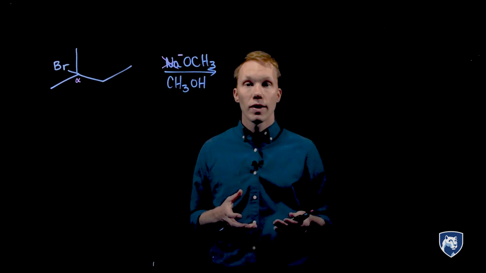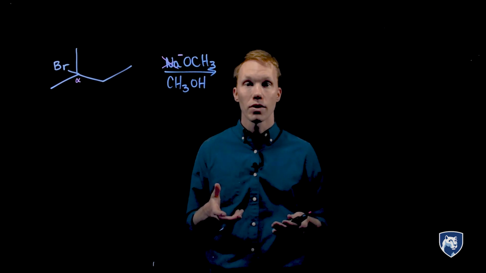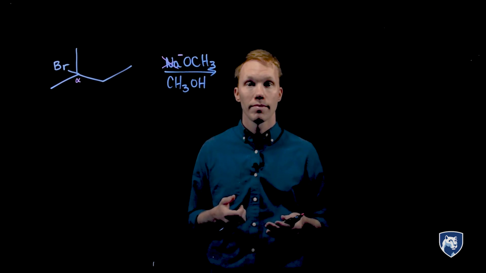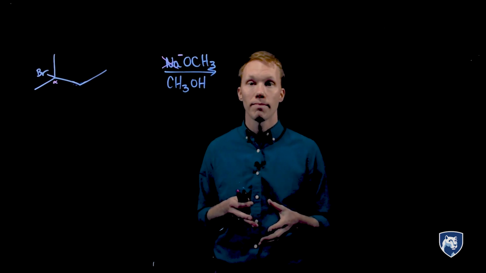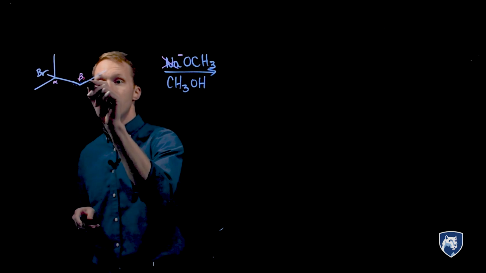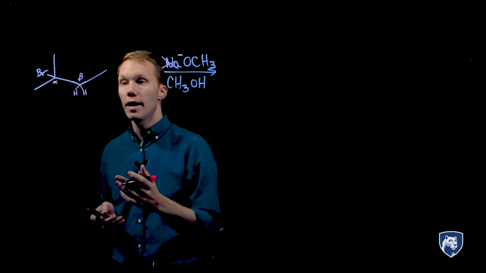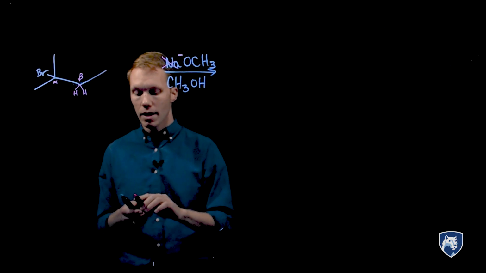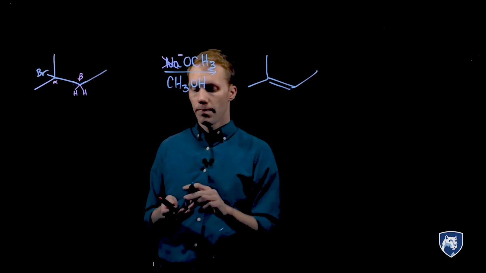If an elimination reaction were to take place here, how many alkene constitutional isomers would you expect to be produced? We would expect 2 constitutional isomers to be produced in this reaction. First, we need to look at the beta carbon and see if there are beta hydrogens. There is a pair of beta hydrogens at this position, and eliminating one of those would give me this alkene.